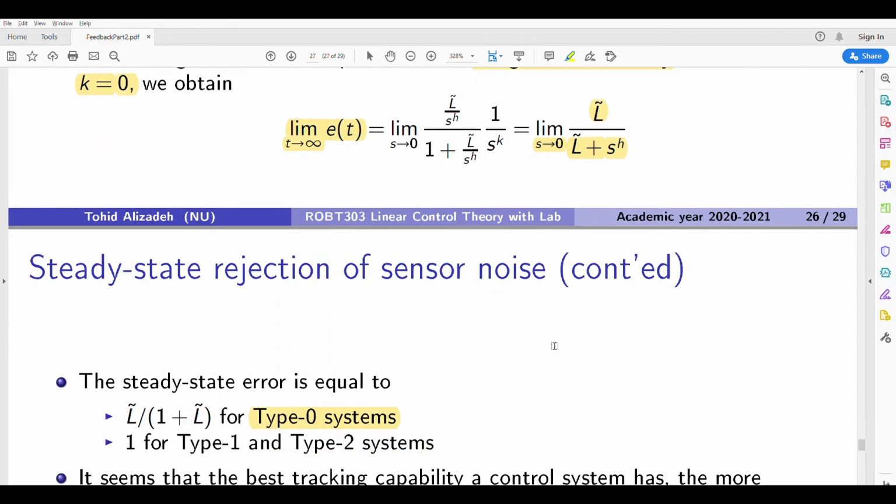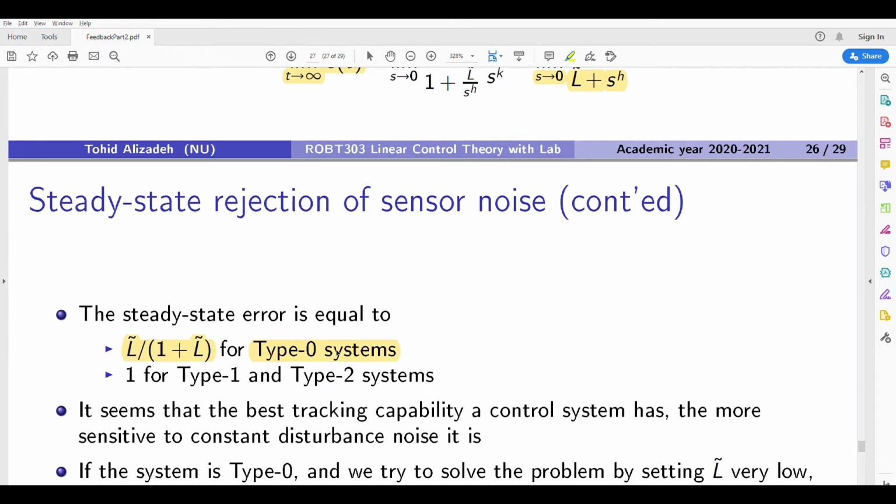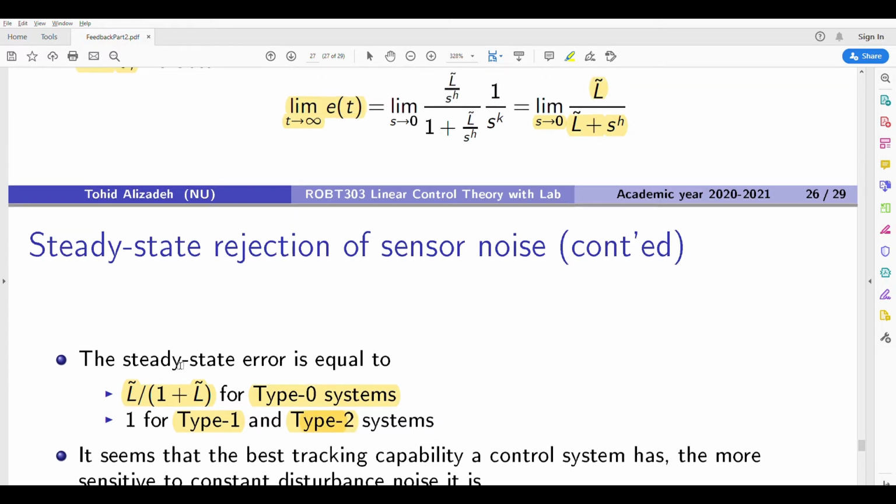And now we have one case where h is equal to 0, so the type of the system is 0. We have a type 0 system. In that case, the steady state error will be equal to L tilde over 1 plus L tilde. And if h is bigger than or equal to 1, for type 1, type 2 and higher type systems, the steady state error will be equal to L tilde over L tilde, which is equal to 1.